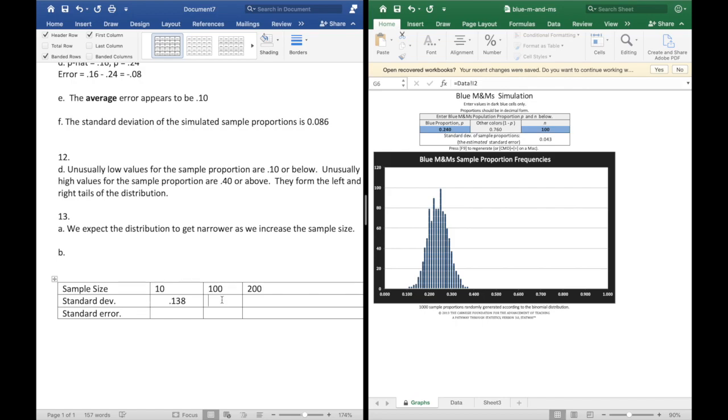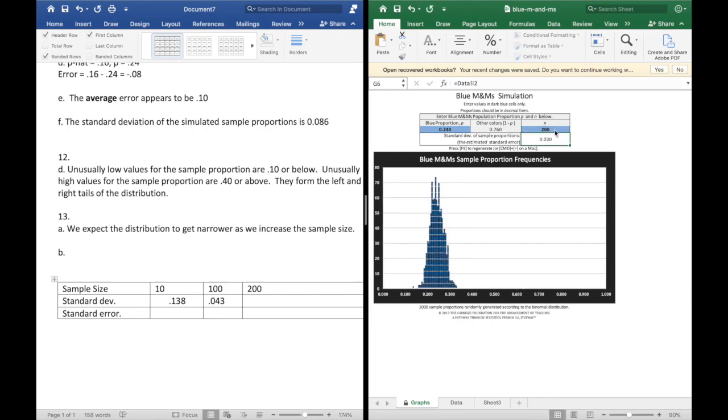Finally, it wants us to do a sample size of 200. This is if we put 200 M&Ms in each cup. Watch what happens. It got even narrower, didn't it? And what would the standard deviation be? 0.030.